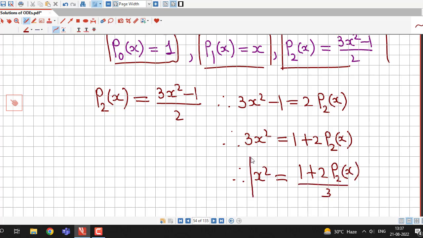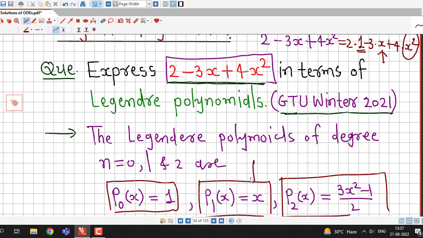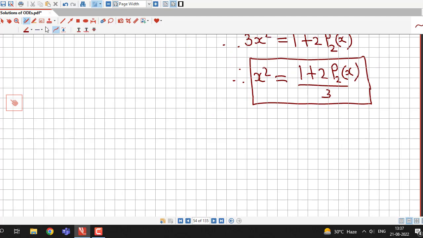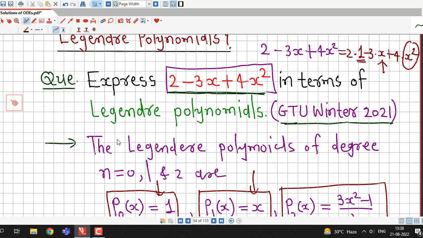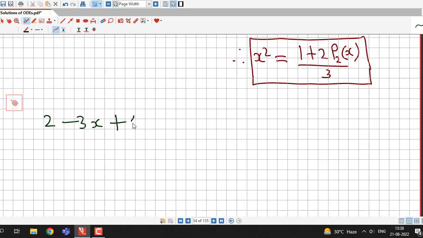So we will replace x square by this expression in terms of P2(x), and we will replace x by P1(x), and 1 by P0(x). In the next step we express the given polynomial in terms of P0, P1 and P2. The given polynomial is 2 minus 3x plus 4x square.